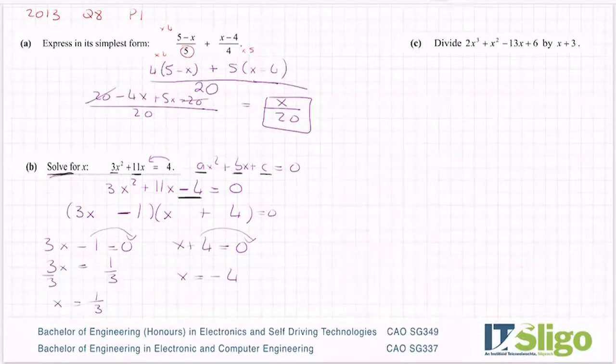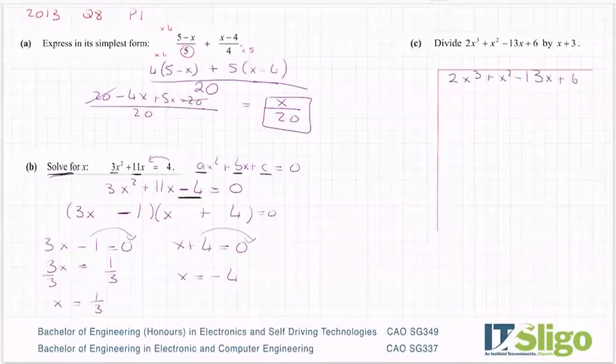Okay, so divide 2x cubed plus x squared minus 13x plus 6 by x plus 3. Okay, so how do you do this? Well, you ask yourself, what must I multiply by x to bring it up to 2x squared?